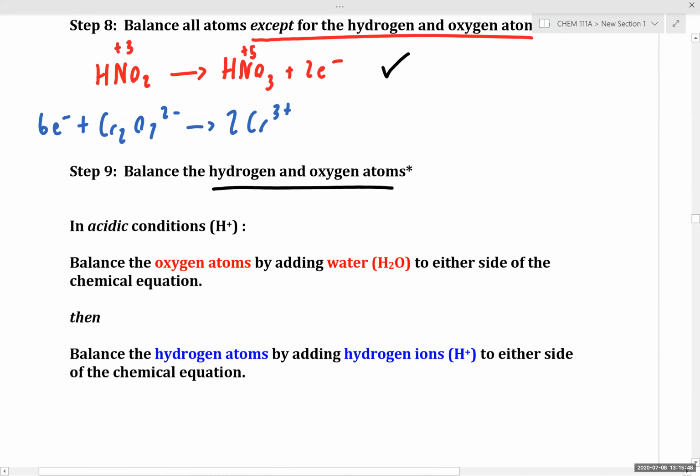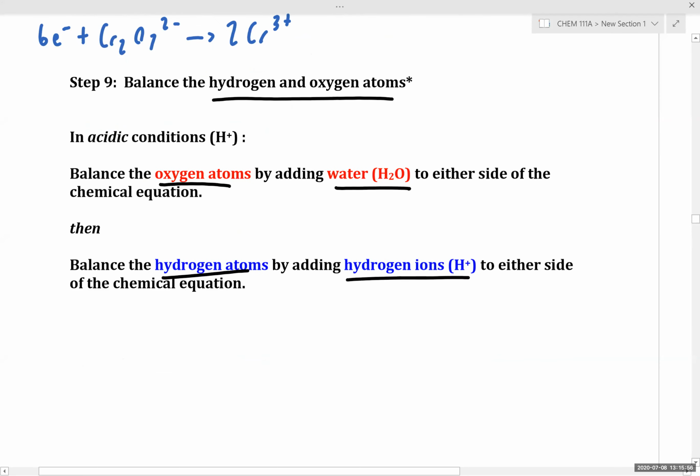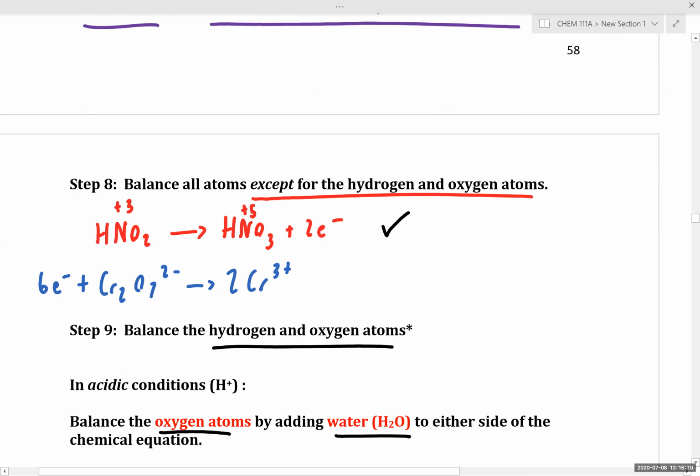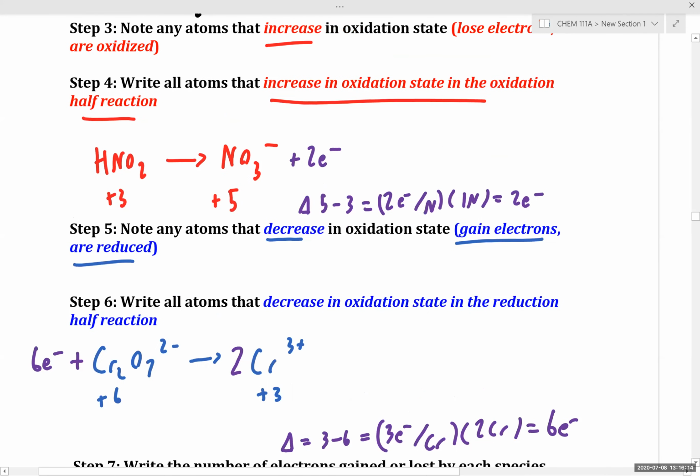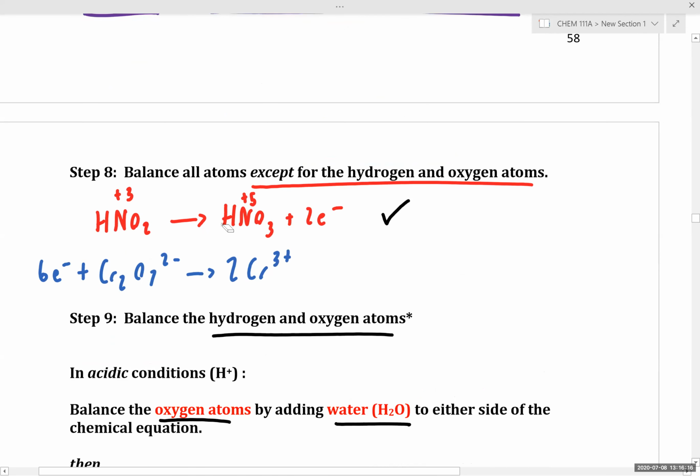So under acidic conditions, you balance oxygen atoms by adding water. Then you balance hydrogen atoms by adding hydrogen ions. So let's try this out. So let's rewrite our, let me just check really quickly. Oh, that should be NO3-.